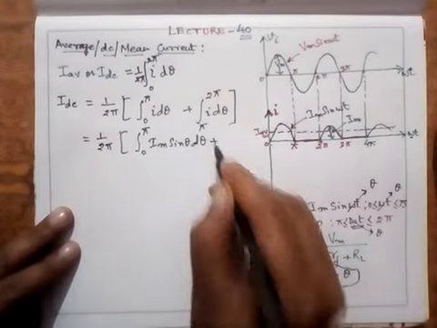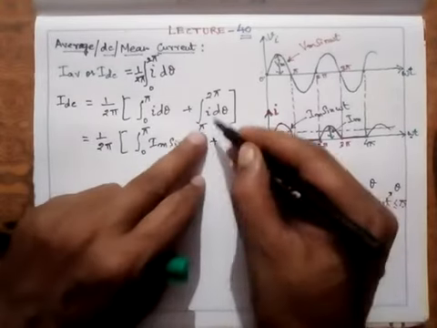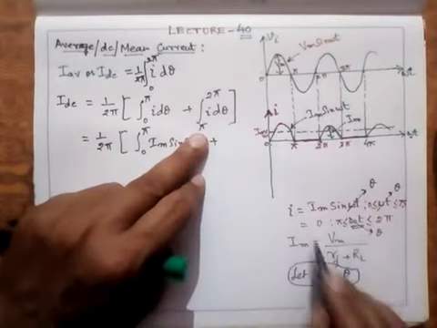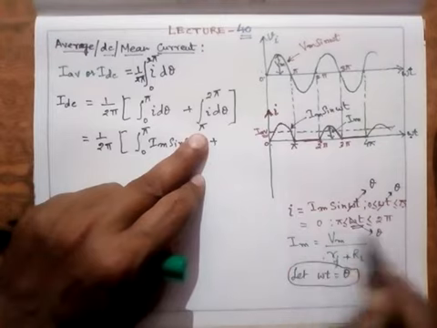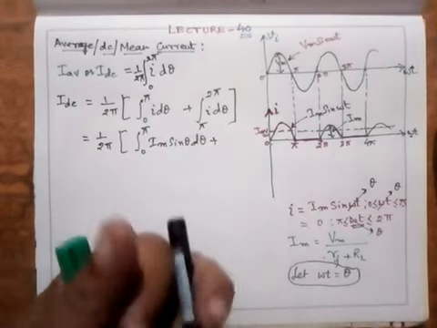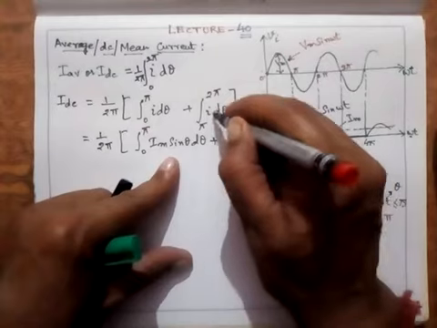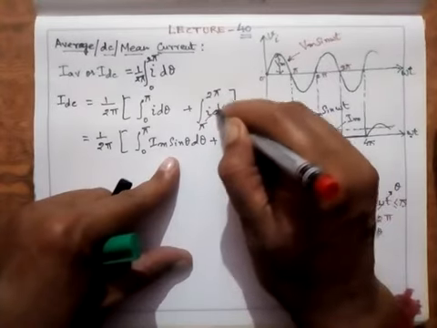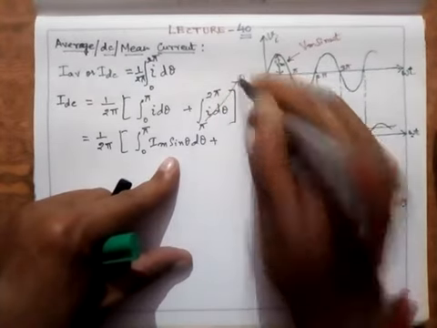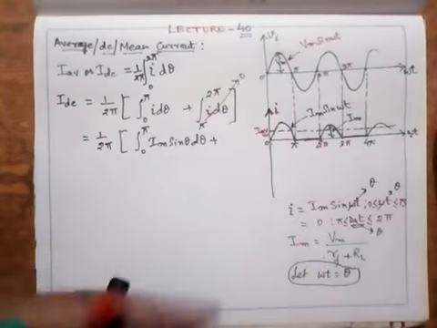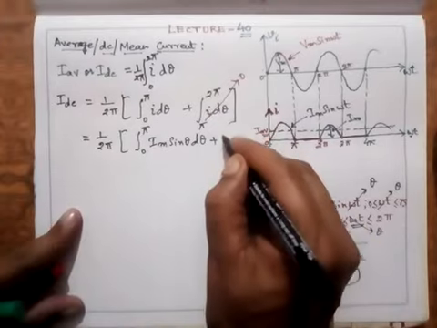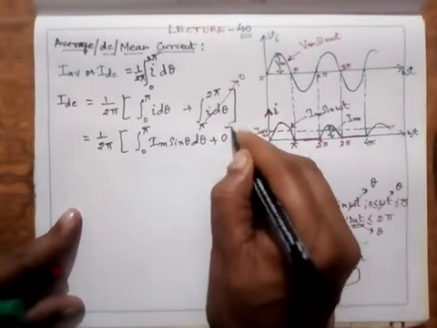And for this particular region, between pi and 2 pi, the value of I is 0. So naturally this factor is 0, and I am writing this plus 0. It is equal to this much.